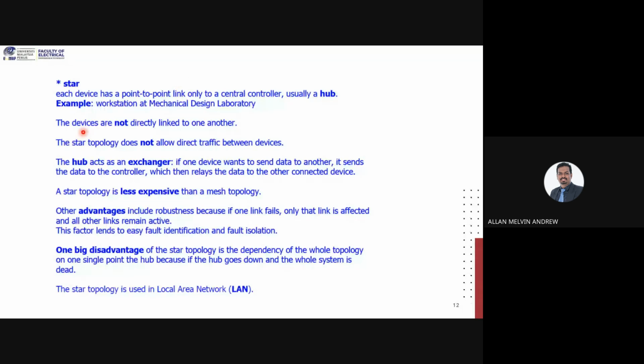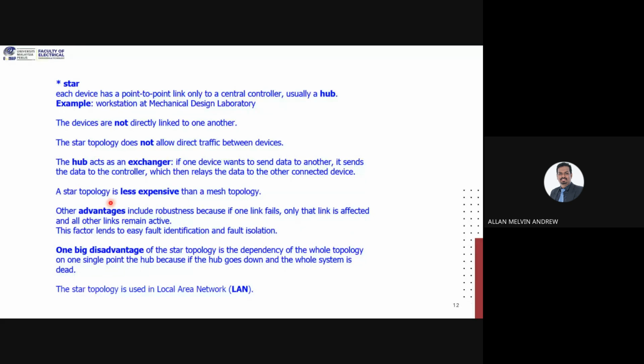The devices are not directly linked to one another. So the star topology does not require direct traffic between devices.